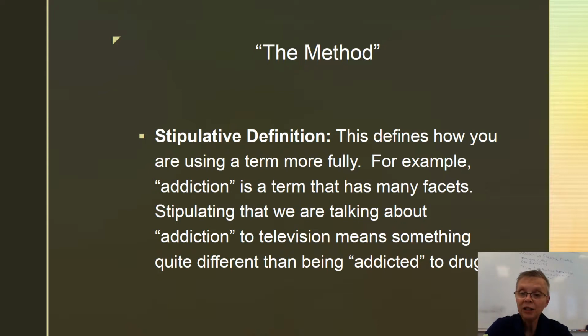But if they stop eating chocolate, they might get a little cranky, but they're not going to probably go through the DTs and detox and all the other nightmarish things that go along with ending drug use or alcohol consumption. So make sure your reader is clear on how you are using this particular word. What is the context in which you are using this particular word?